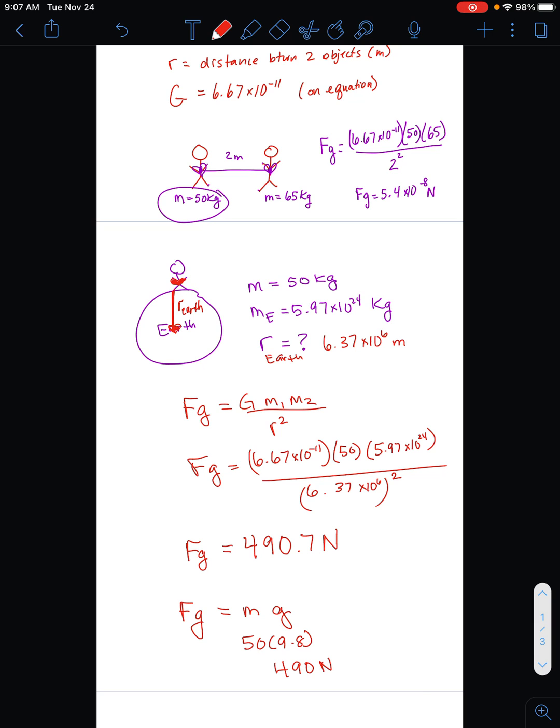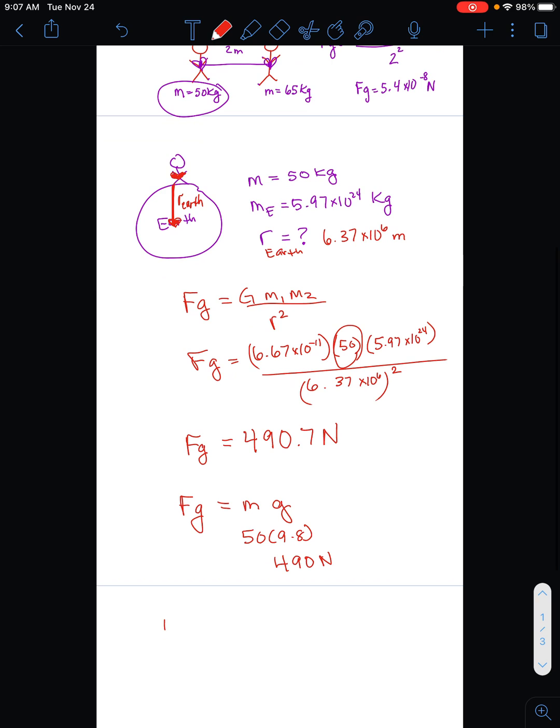Turns out that in order to solve for the force of gravity between two objects, you need to know the mass of the two objects and the distance between them, and that G value. Or if you're on Earth, you can figure out the force of attraction between you and the Earth by taking your mass times lowercase g.